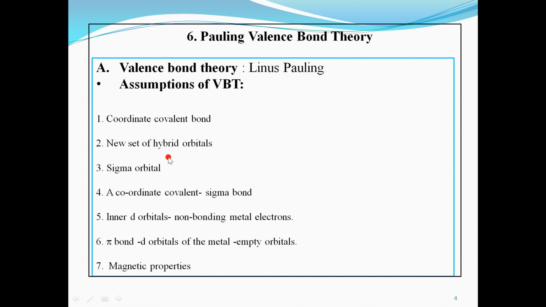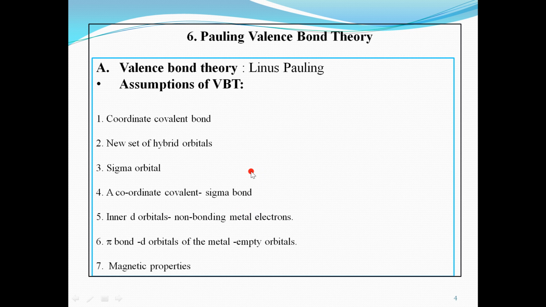Each ligand contains at least one electron pair for donation to the metal atom, and at that time a sigma bond is formed. A coordinate covalent bond is formed when the vacant orbital of the metal overlaps with the filled electron orbital of the ligand.